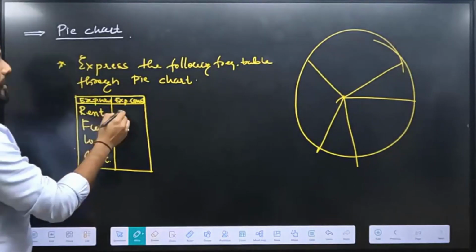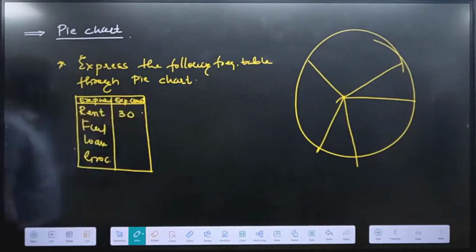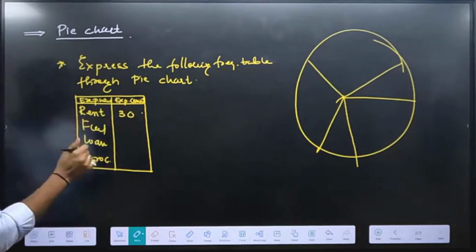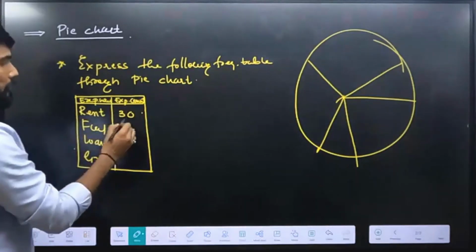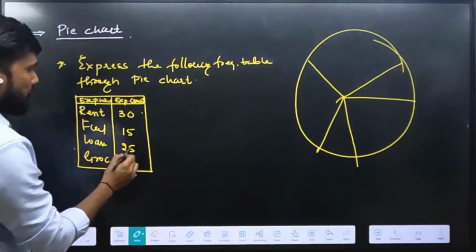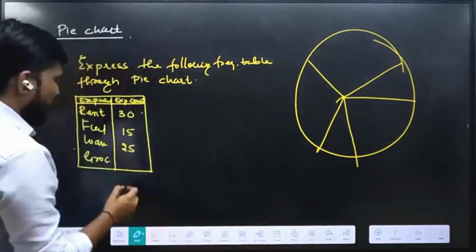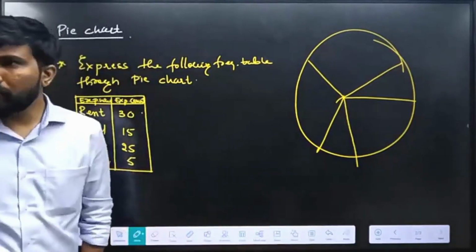So rent, let's assume, is 30, every expenditure in terms of thousands, here it is 15, here it is 25, and let's say it is 8. I'll make it 5 just to keep things simple.